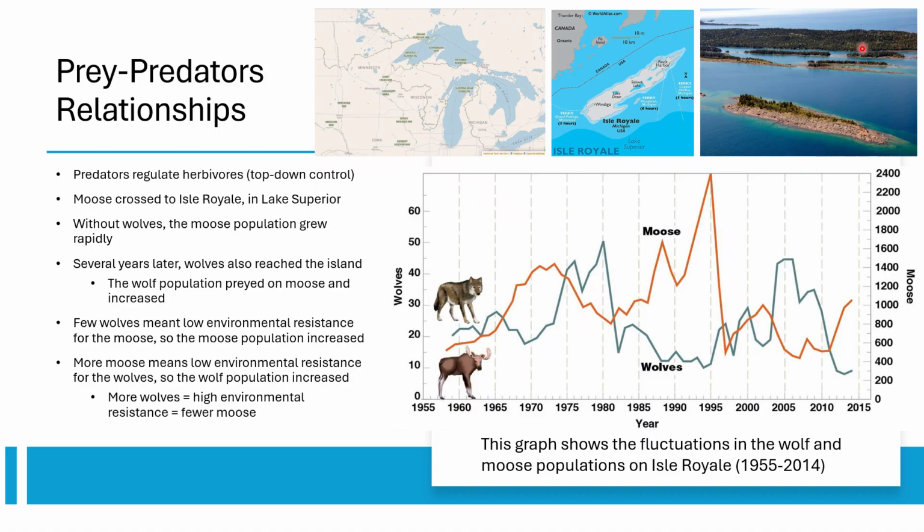It's a very interesting ecosystem. As you can imagine, there are not a lot of wolves that can walk across the ice to get to Isle Royale. So what happened is that you have a genetic bottleneck in the wolf population. If those wolves are carrying some kind of genetic disorder, after a few generations, pretty much all the organisms on the island can carry that disorder. And that also impacts the prey-predator dynamic.